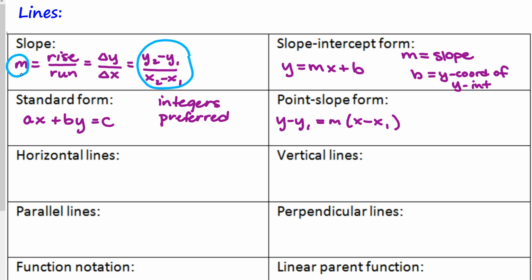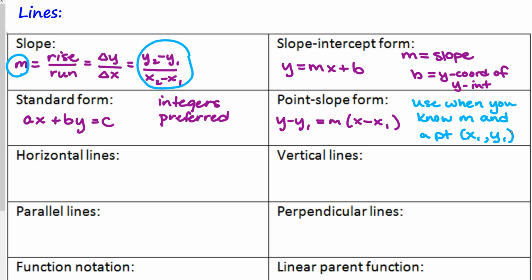So this equation is handy if you know the slope. Use it when you know the slope and when you know a point. Then you can substitute them in and you'll have your equation.